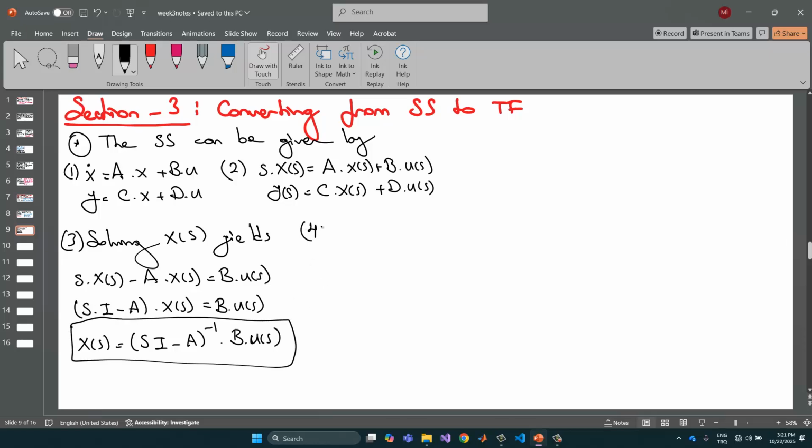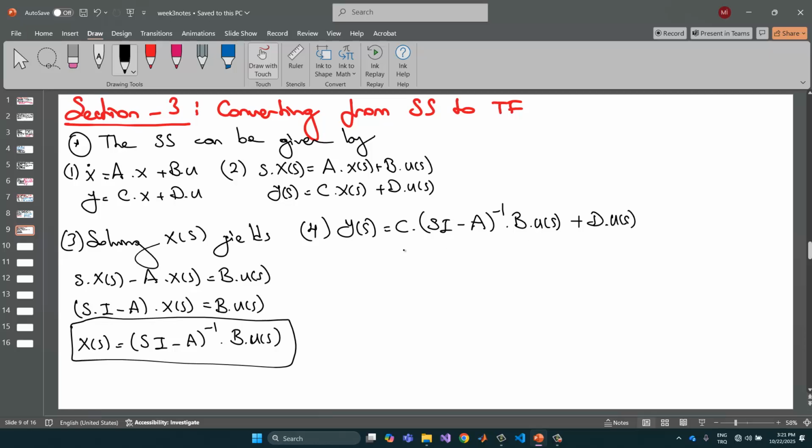And so, in the fourth step, if we put this X(s) into the Y(s) equation, Y(s) is equal to C times (SI minus A) inverse B U(s) plus D U(s).